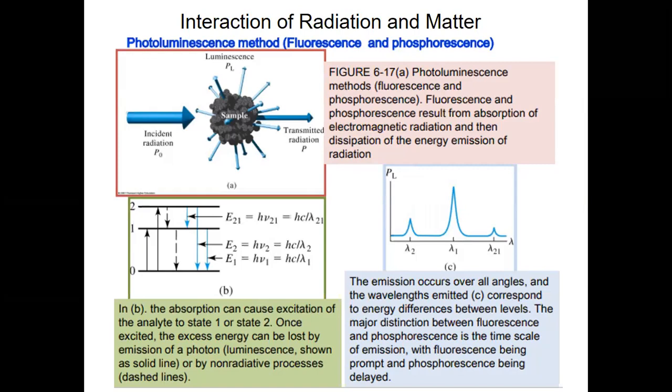When we come to fluorescence, it goes to a singlet state, but in phosphorescence, the electrons will jump to the triplet state. For that electron transition, it will take some time. Therefore, there will be a certain delay in phosphorescence compared to fluorescence. That time delay is the main difference between the phosphorescence and fluorescence methods.